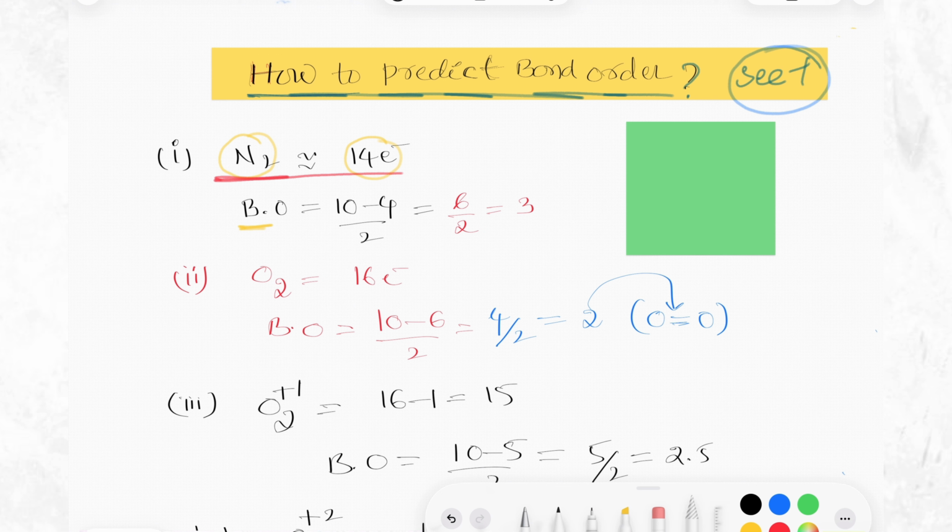See how I am writing the 14. For example, they have given nitrogen for you, like this.